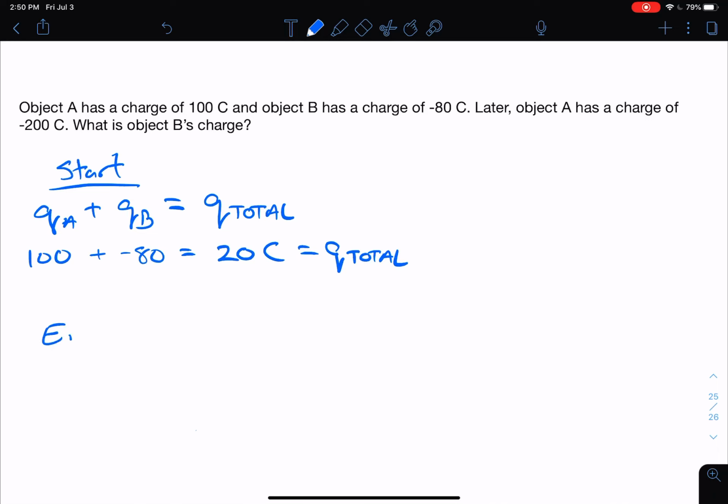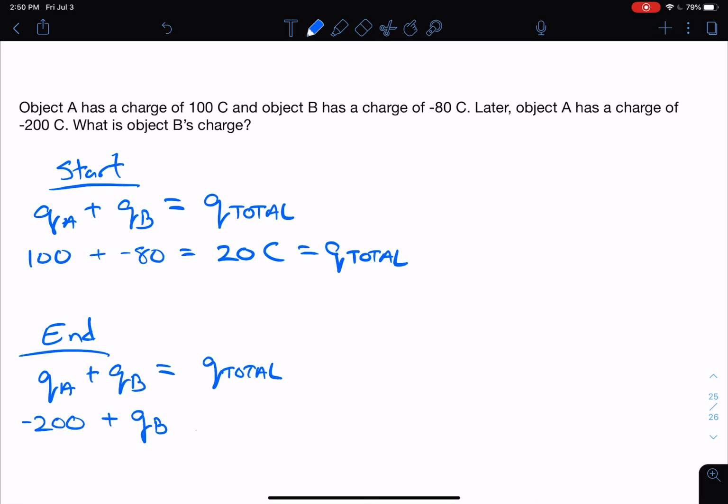Now at the end, same thing. At the end, I know what A's charge is. That's negative 200.